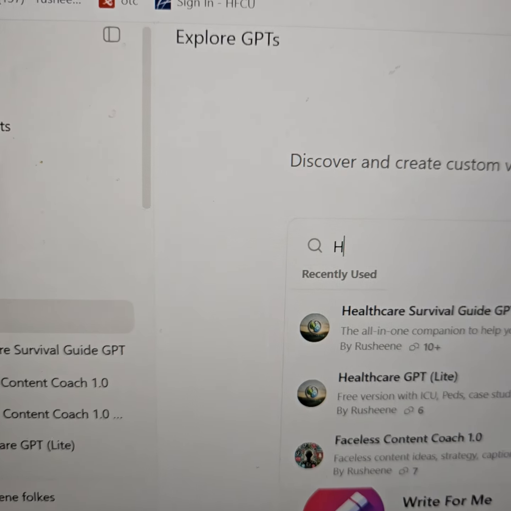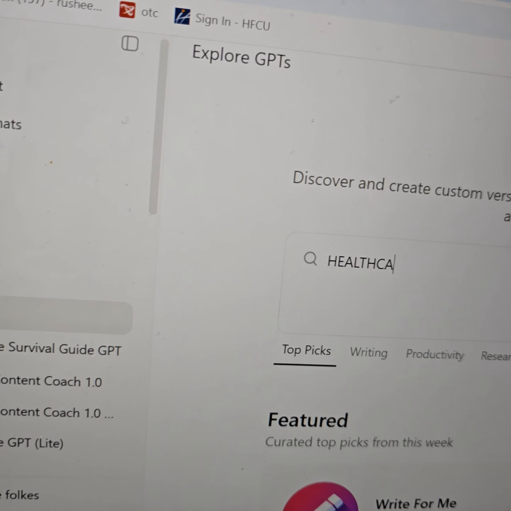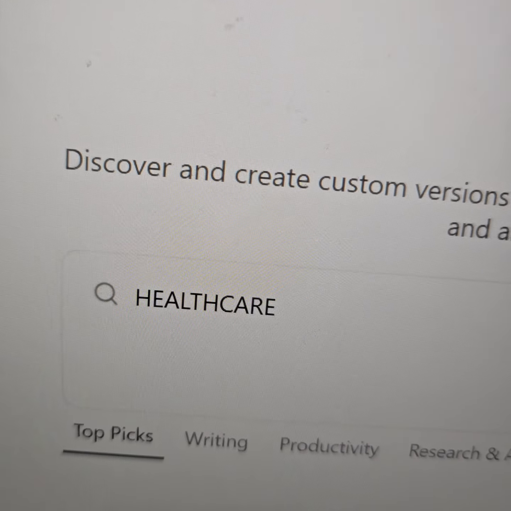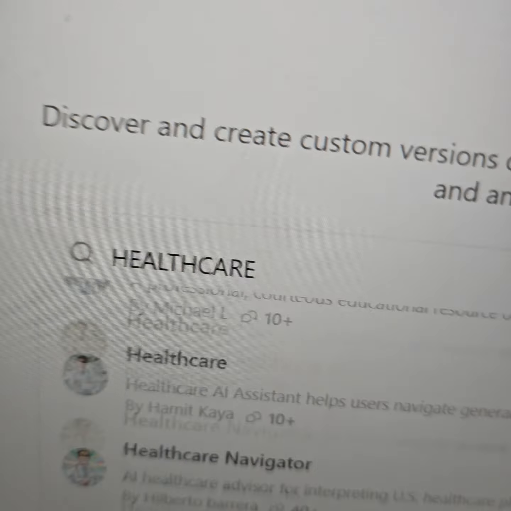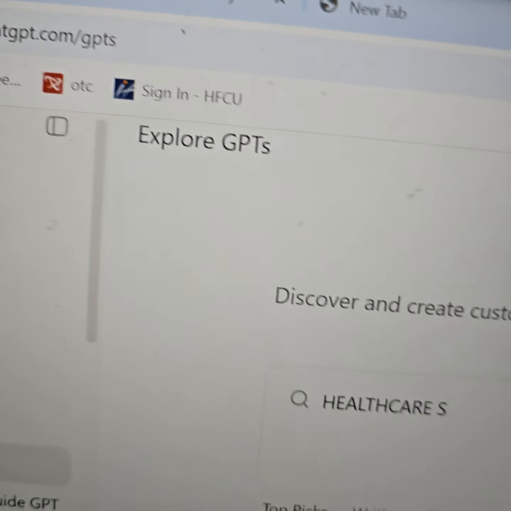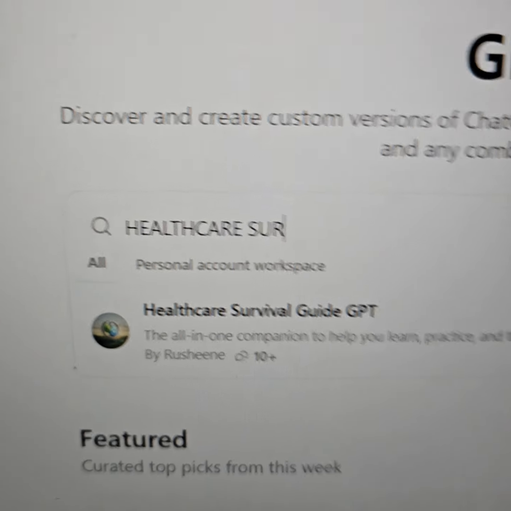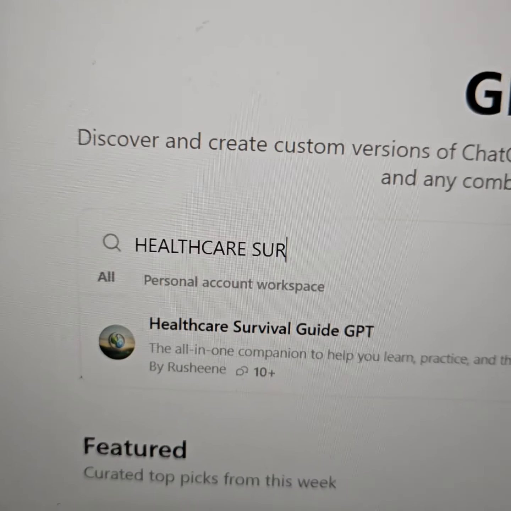If you type in healthcare, it won't come up, because you'll get all of this, and these are not mine. But my GPT is the only GPT that has this name. So when you type in healthcare survival, that's what comes up. As you can see, mine is the only one that comes up there.